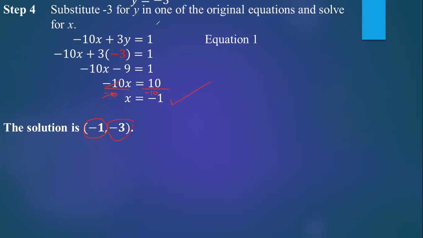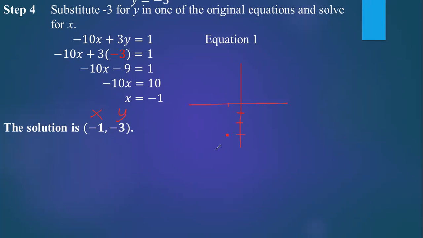Now take note, this is an ordered pair. Again, when you graph, this is an ordered pair, your x and your y values. So when you would like to graph it, negative 1 for x, you have x negative 1, 1, 2, 3, so it will be in here.